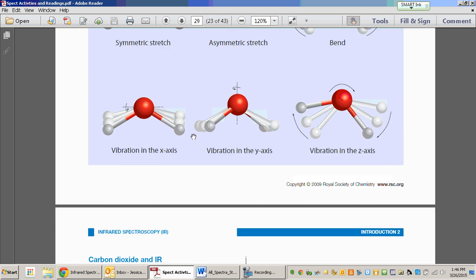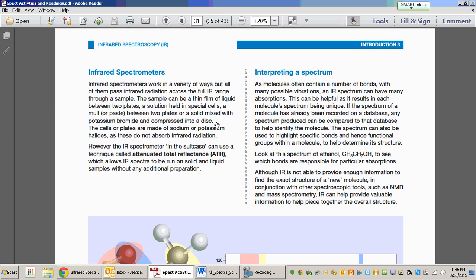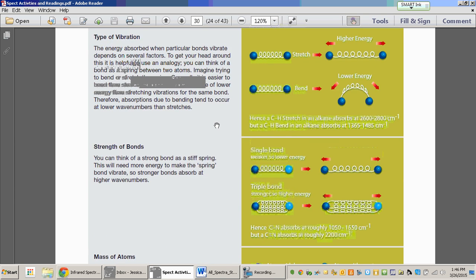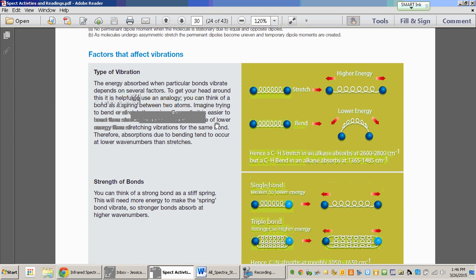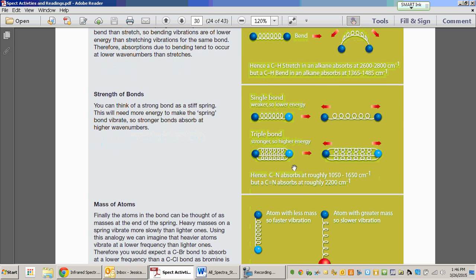Okay. And then there are different factors that affect how it bends. You can think of it as a spring. You can pull the spring and you can bend it, and pulling it takes more energy than bending it does. It's the same way when the molecules bend or stretch. And then the bond strengths: the triple bond is stronger, so it takes more energy to pull it as far.